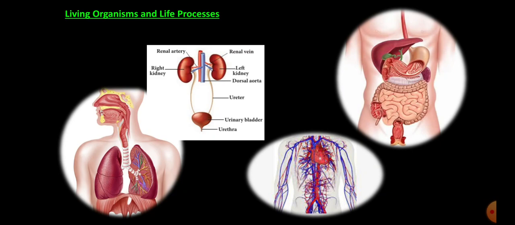So we need a constant supply of energy inside our body to perform the different functions. And can you tell me from where we get this energy? Yes, we get this energy from our meals, from our food, whatever we consume.